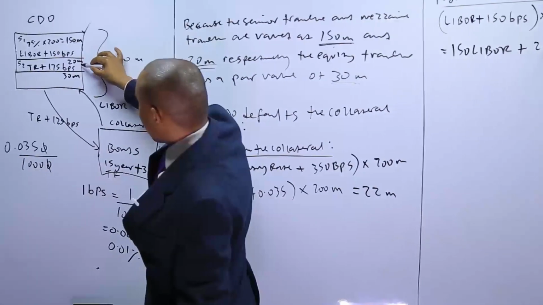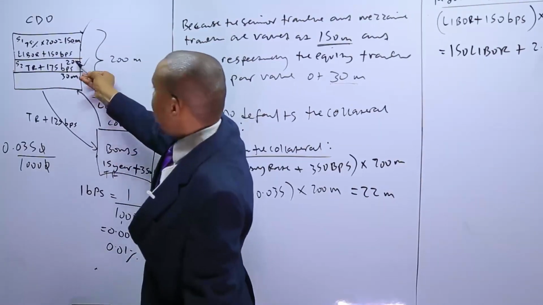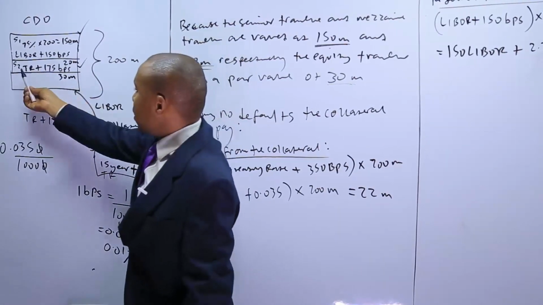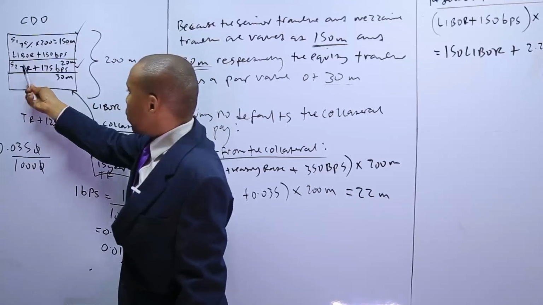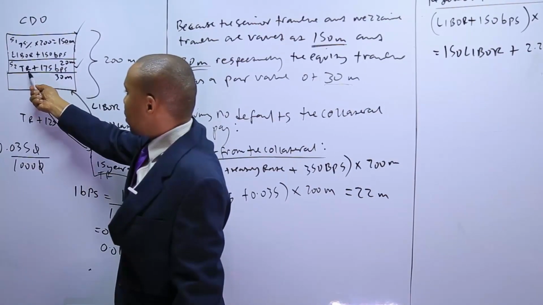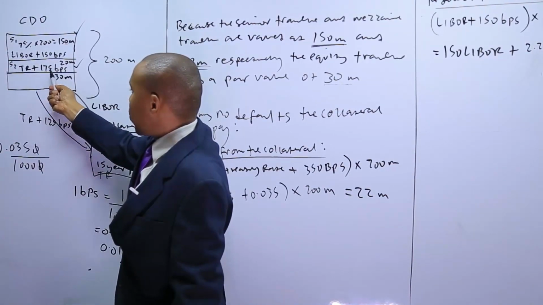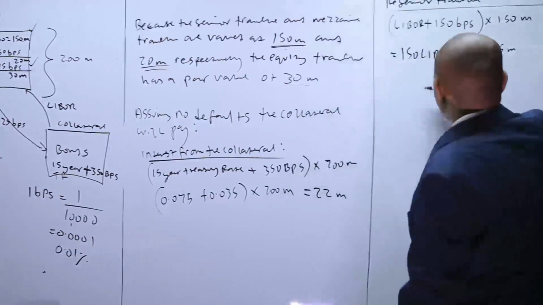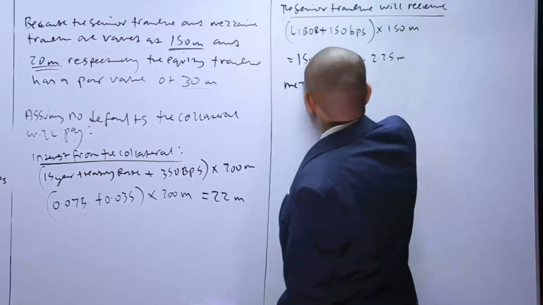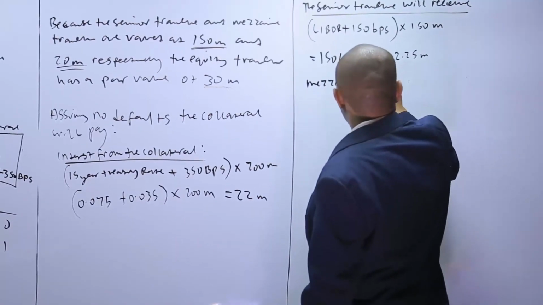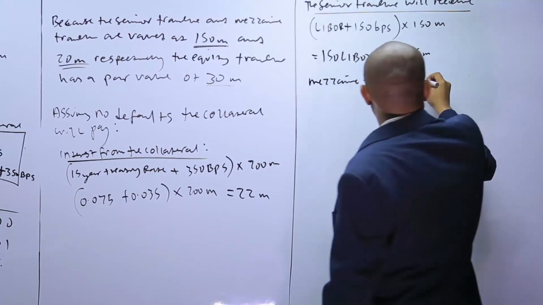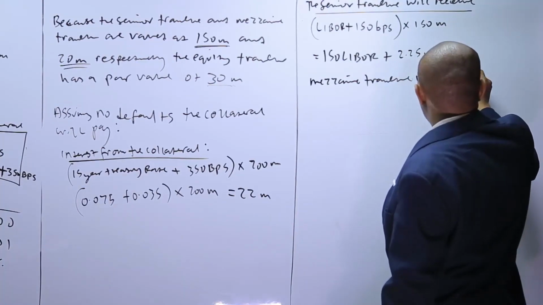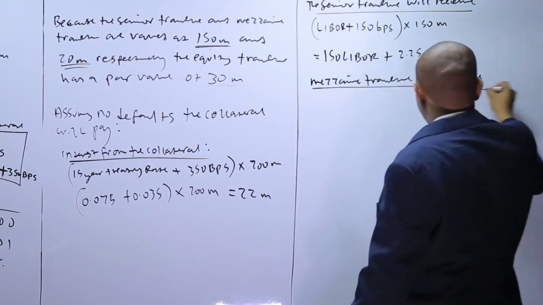Now we are also talking about this tranche over here, the one that is dealing with 20 million. We are saying the medium tranche or the middle tranche will be the treasury rate plus 175 basis points when you apply it to a par value of 20 million. So the mezzanine tranche will receive how much?